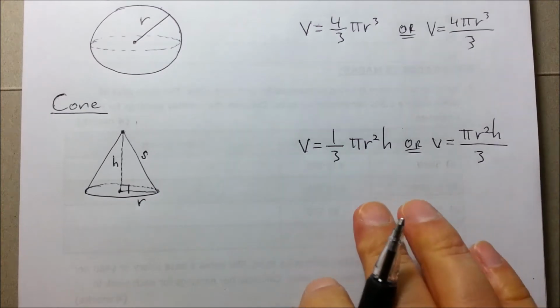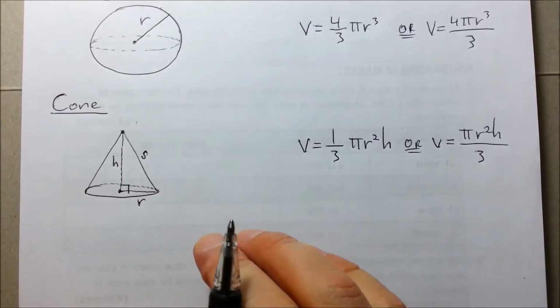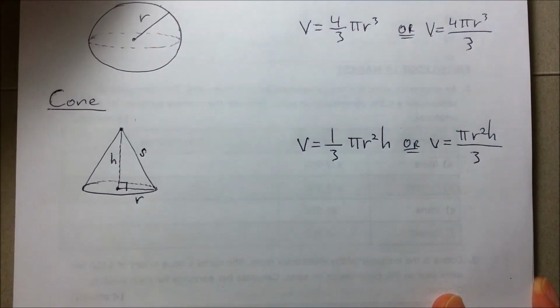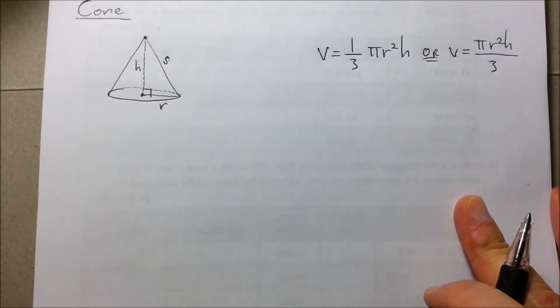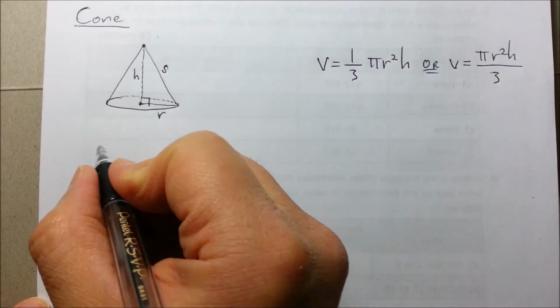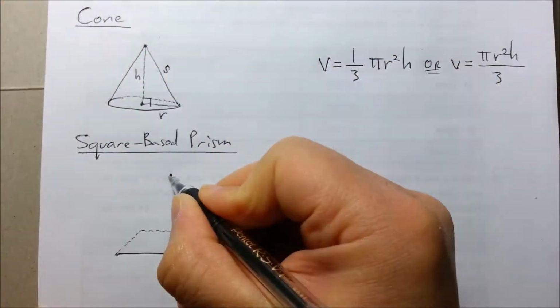You may already start noticing some patterns between the prisms and the corresponding pyramids. We will talk more about that in future lessons. Let's take a look at another shape. This would be a square-based pyramid.